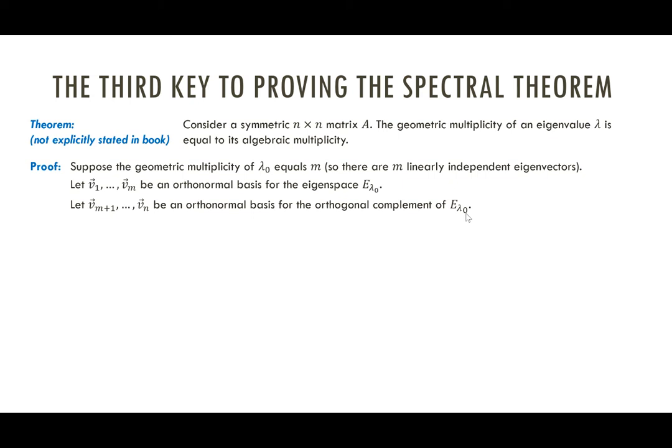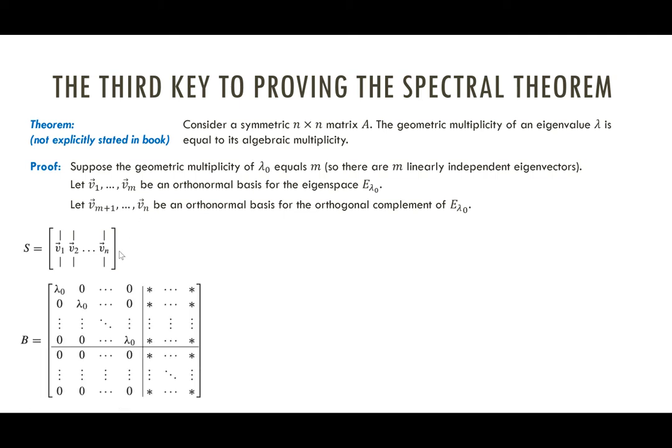We're just saying you've got your eigenspace E lambda 0, take its orthogonal complement, and find an orthonormal basis for it. And now make S a matrix out of these two bases: v1 to vm, the basis of the eigenspace, and then v(m+1) to vn, the basis of the orthogonal complement.